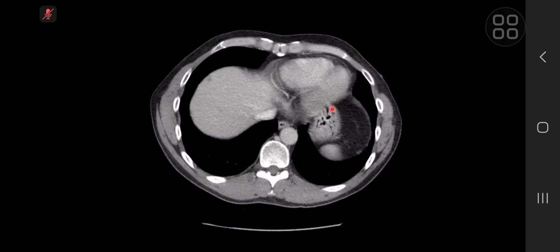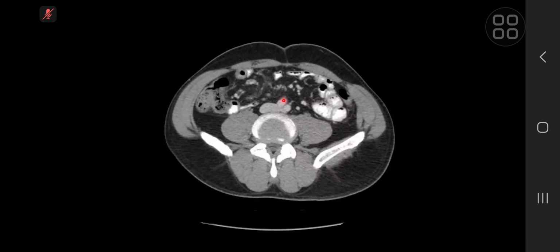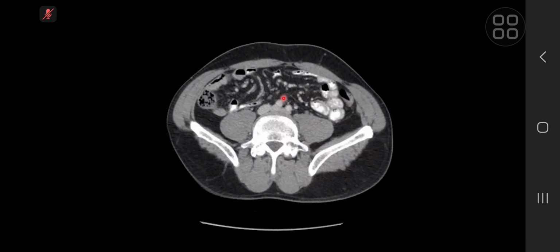Now, as we go, here you are. You see that within the mesentery, there is a mass, and this mass is larger. I'll show you the primary mass, then the primary mass. As we go distally, you can see, on a coronal, this is the coronal. So you can see this lesion in the mesentery.